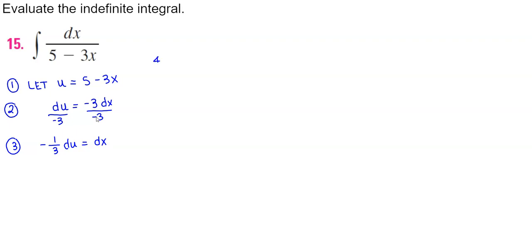Okay, now let's take a look at rewriting the question. So we have dx over 5 minus 3x. We can rewrite this to be 1 over 5 minus 3x dx. And now we can go ahead and use the substitution. So this becomes 1 over, well, 5 minus 3x, we let u represent 5 minus 3x.